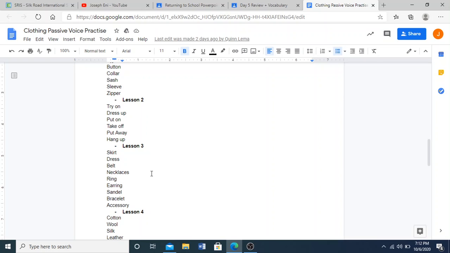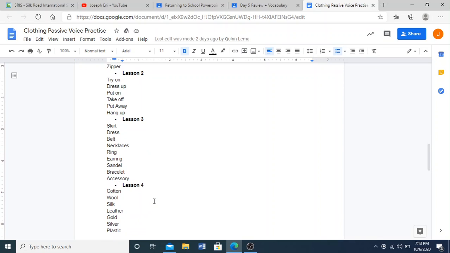So these are the words again. Go through your lesson three, check your work. The ones that are wrong, do the correction. The first word there is skirt, dress, belt, necklace, ring, earring, sandal, bracelet, accessory.